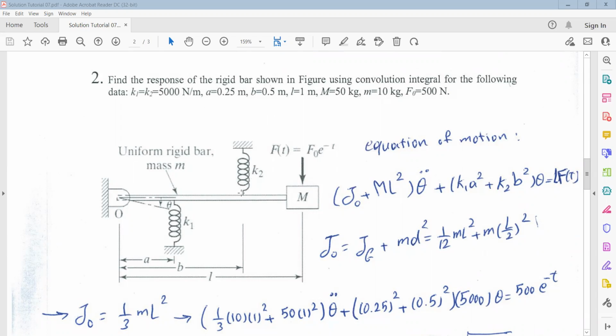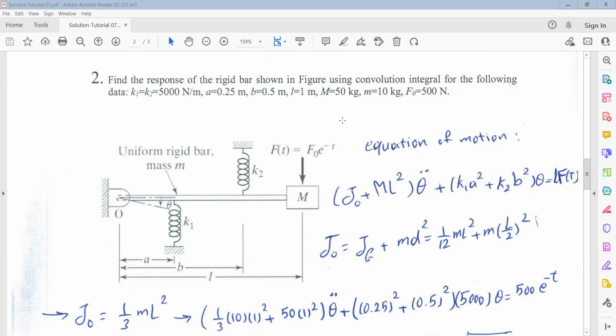B, the distance between spring K2 and point O, is 0.5 meter. The total length is 1 meter. The mass M is 50 kilogram, and the lowercase mass m, the mass of this rigid bar, is 10 kilogram. And finally, the amplitude of the external force F(t) is 500 Newton.